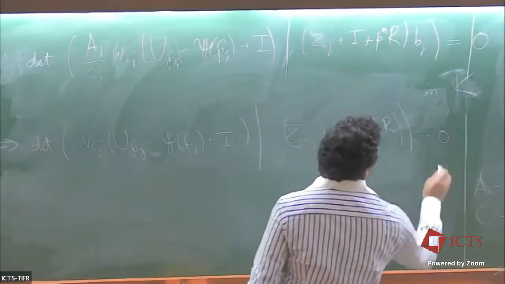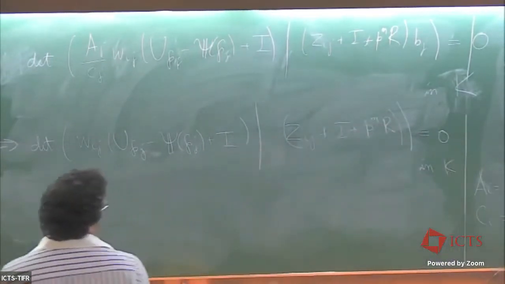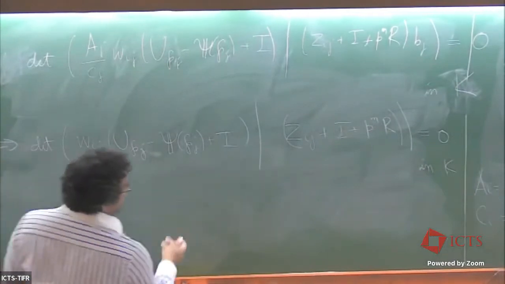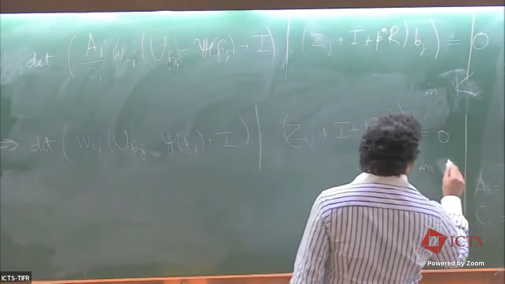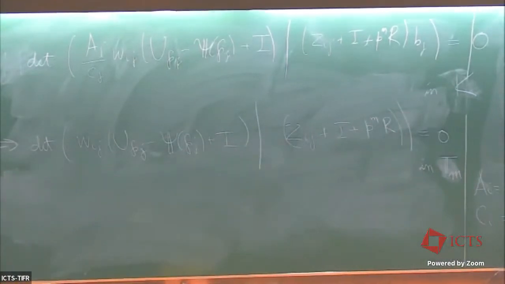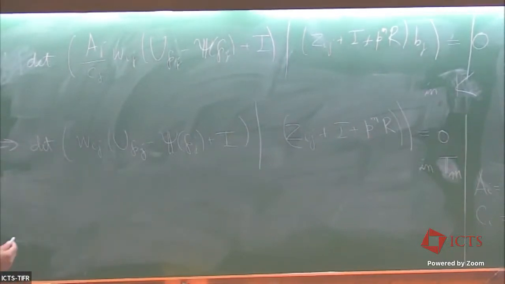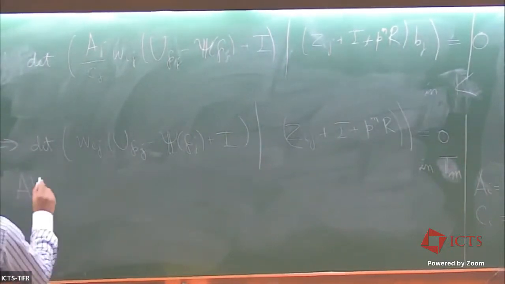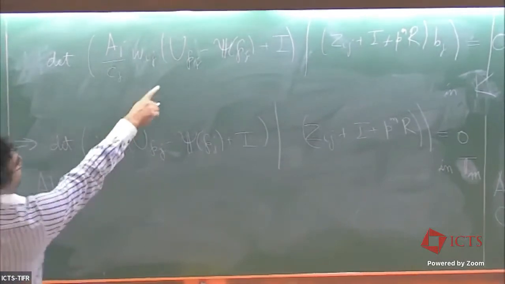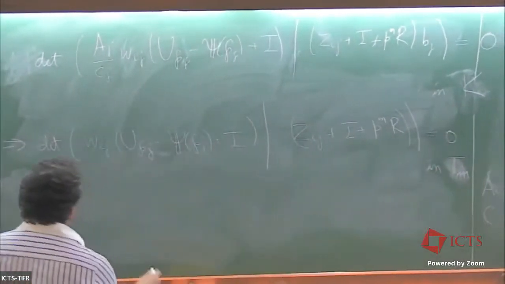This thing has determinant 0 in K. But now you see that all these elements are inside t^m itself. So all this is happening inside t^m. When you apply phi to this, you could not apply phi here because this was not in t^m. So now you can apply phi to this.